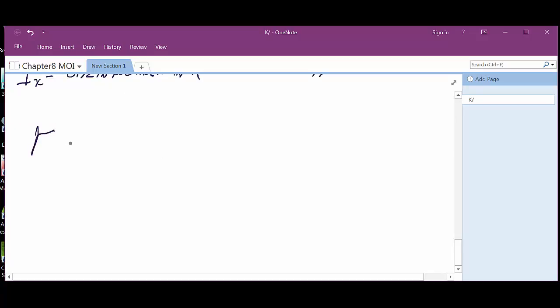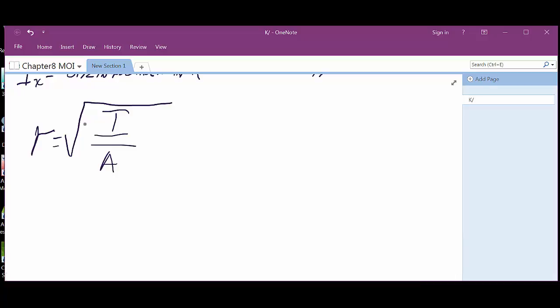It is equal to the square root of the moment of inertia divided by the area. And that's based on the respective axis. So if you're dealing with the radius of gyration for the x-axis, then you would use the xx values, if you will. Of course, the area is going to be the same.